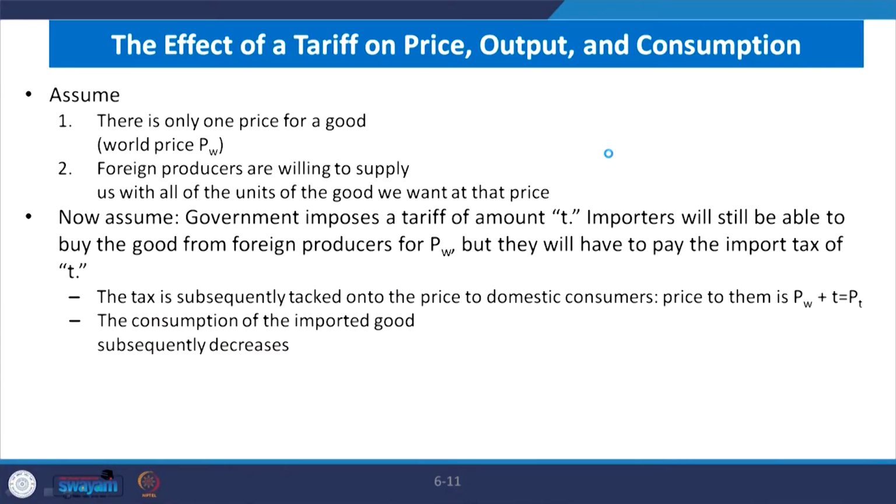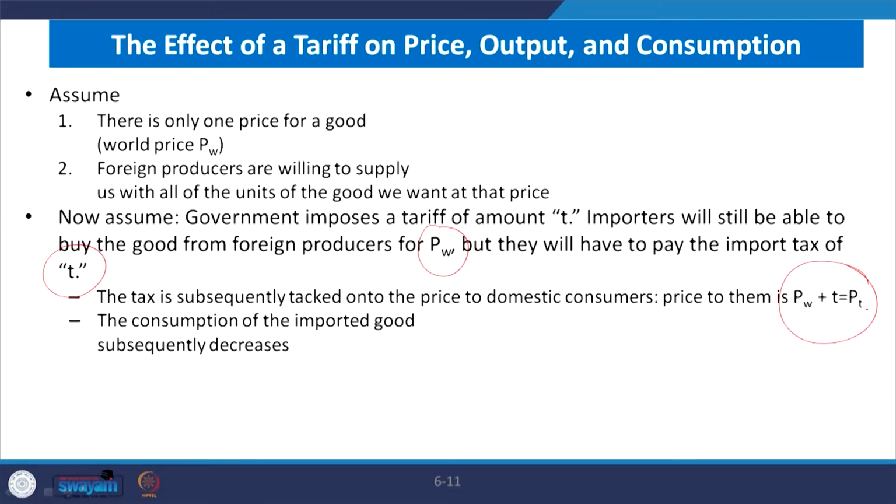Now, we also assume that the government imposes a tariff amount T, and importers will still be able to buy the goods from foreign producers at a price PW, and they will have to pay the import tax of amount T. So, the new price after taxes by the government is PW plus T, which is equal to PT.